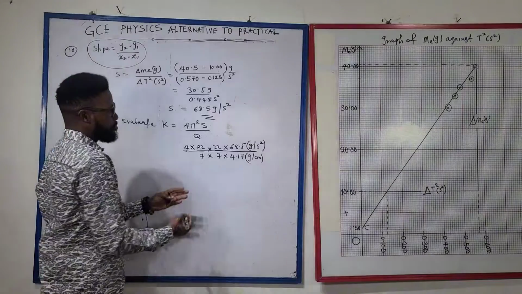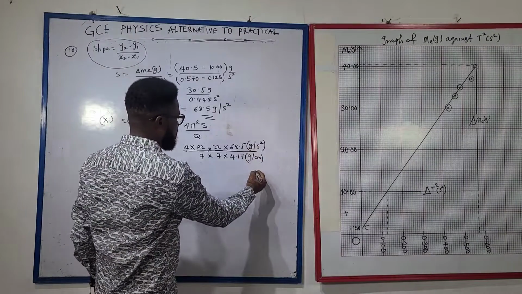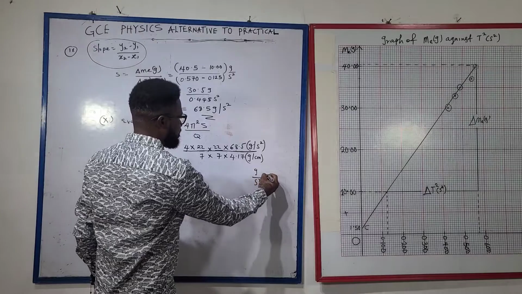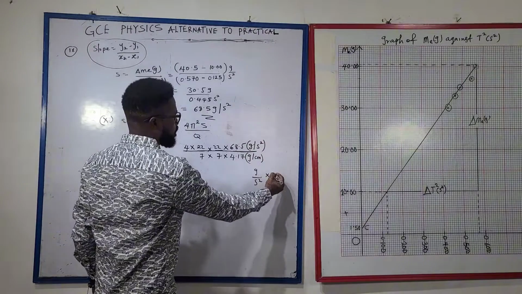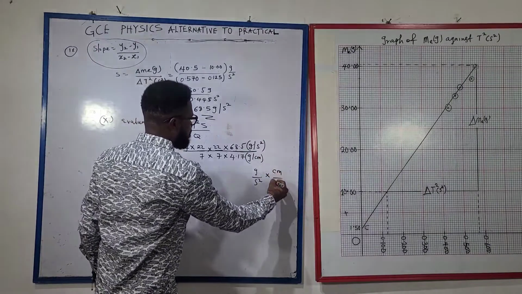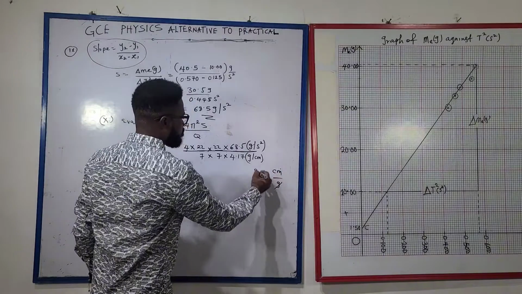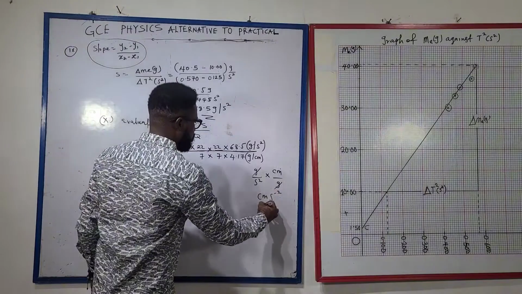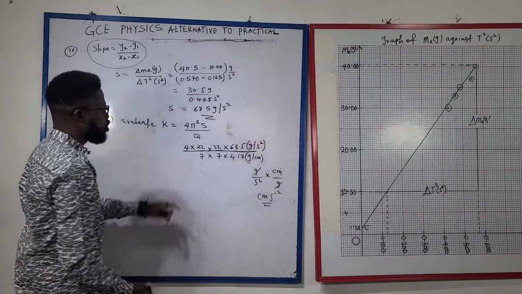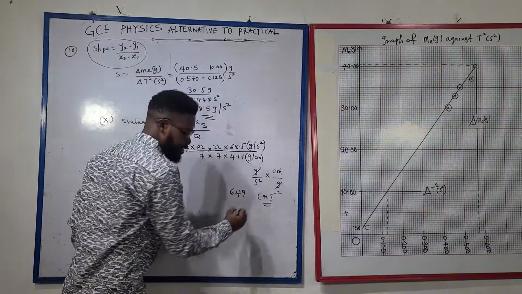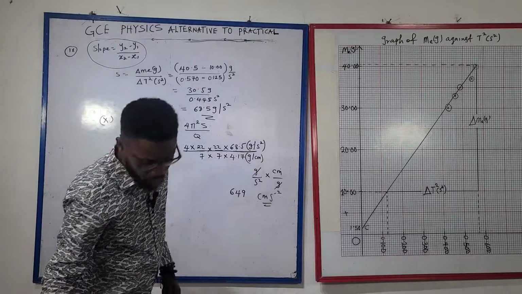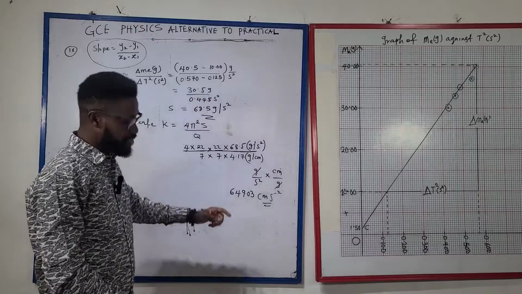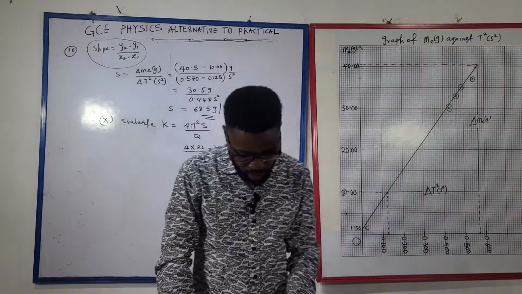So my unit should look like gram per second square times, of course this will turn upside down, centimeter divided by gram. So gram takes out gram, and I should have centimeter per second square. I know that that's going to be my unit. So the answer is 649.03 centimeter per second square.